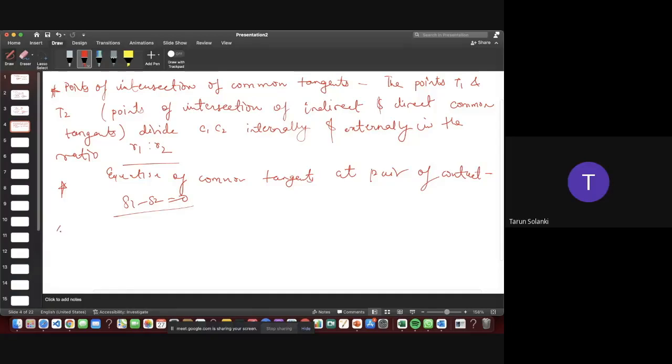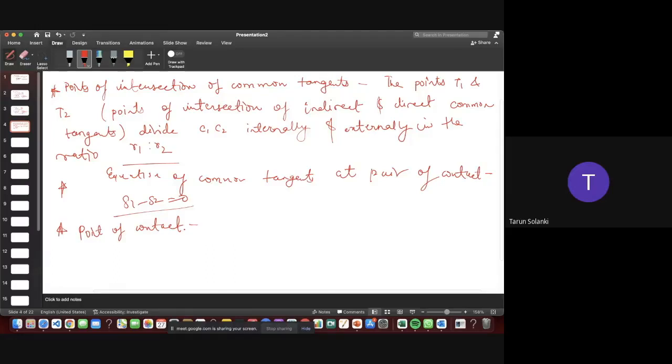Now, the third point is the point of contact. The point of contact divides C1C2 in the ratio R1 is to R2, internally or externally.